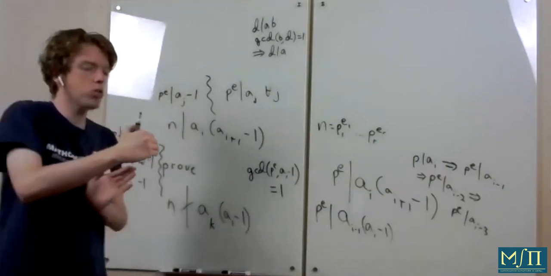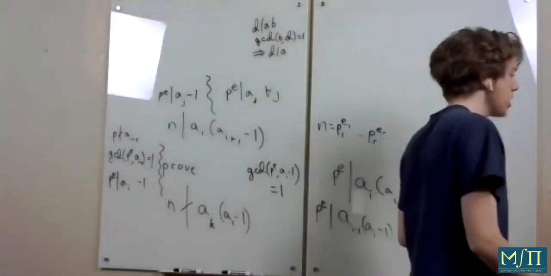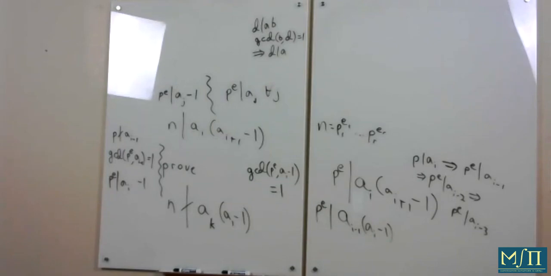But for each prime, it's all the same. And so we expect them to behave the same modulo n. Since their behavior is the same modulo all the prime powers, it should still be the same when we mod them all together. Then they would have to be all congruent modulo n, but we said they're all distinct. That's the contradiction we want to get.